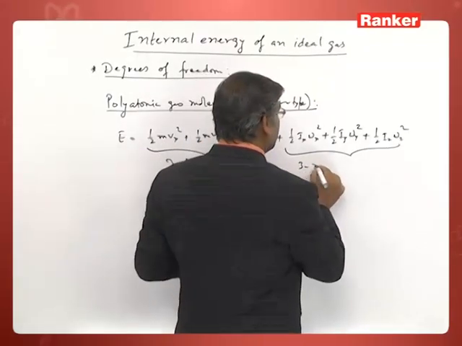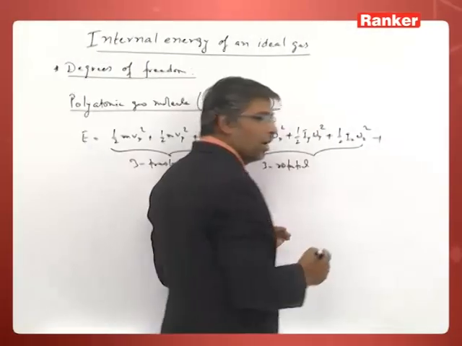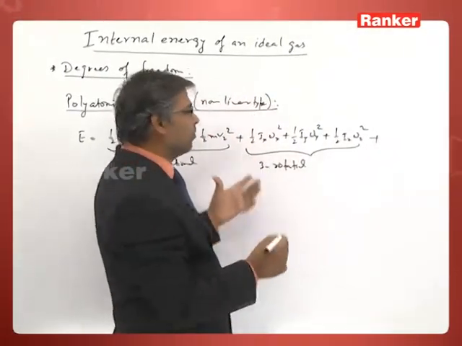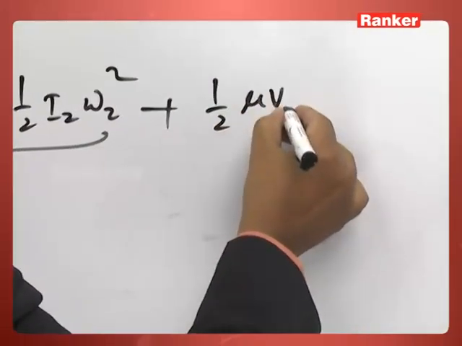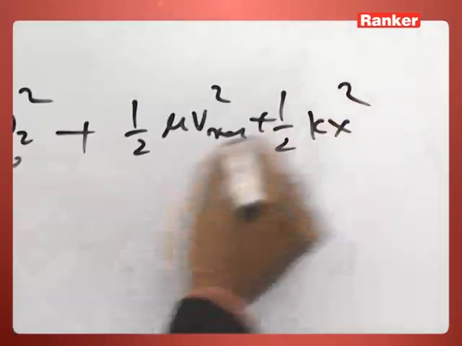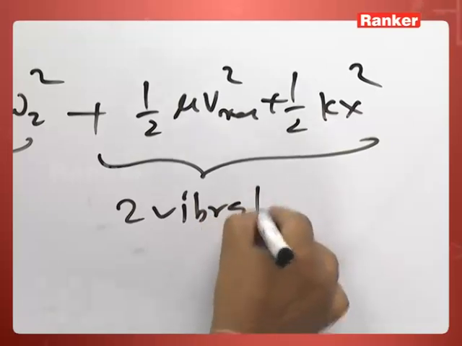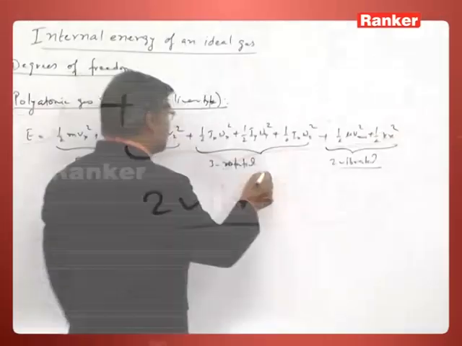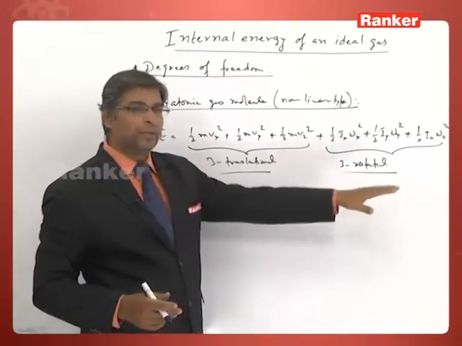So, 3 rotational, and depending on whether the temperature is high or not, we will see half mu v relative square plus half k x square, 2 vibrational. We have to remember the vibrational states are excited at higher temperature, not at lower temperature.